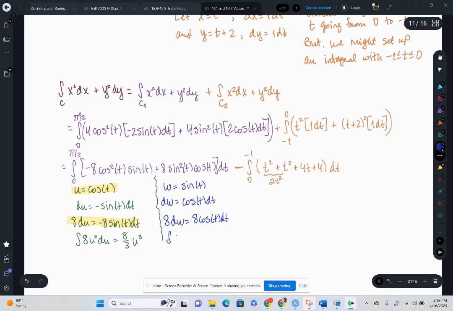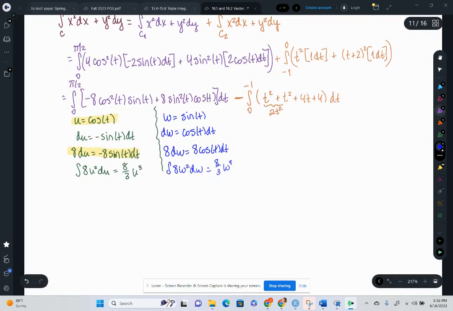So it looks like I'm integrating 8u squared du again. Okay, so this is, sorry, not u, that'll be w. 8w squared dw, which gives me 8/3 w cubed again. Okay, so let's put this all together.